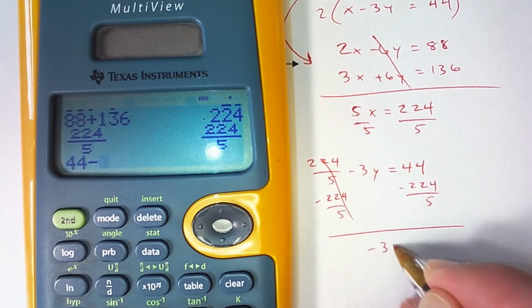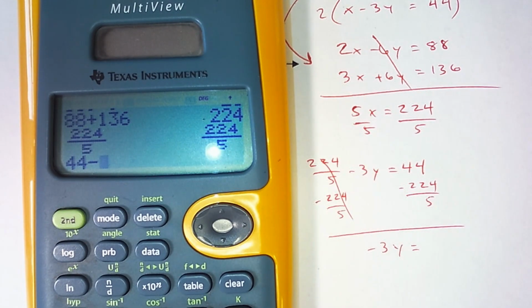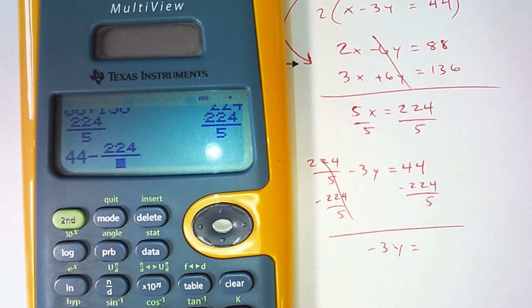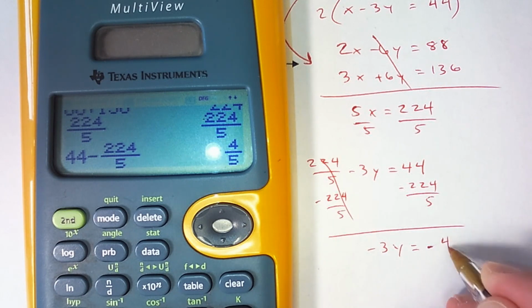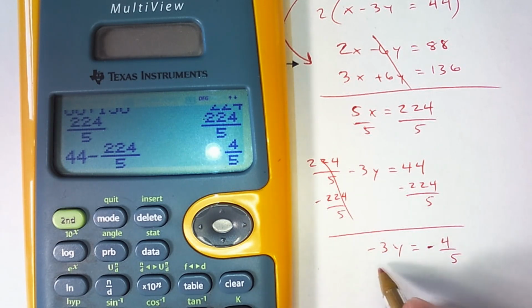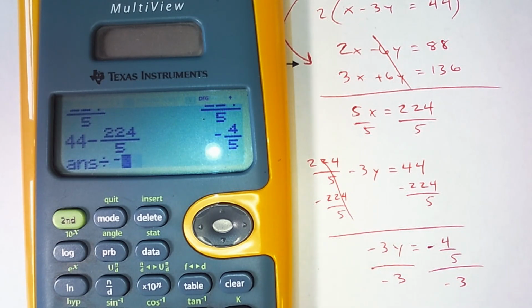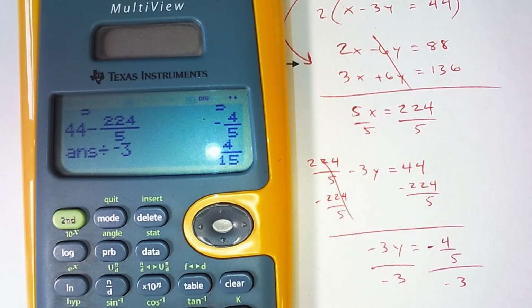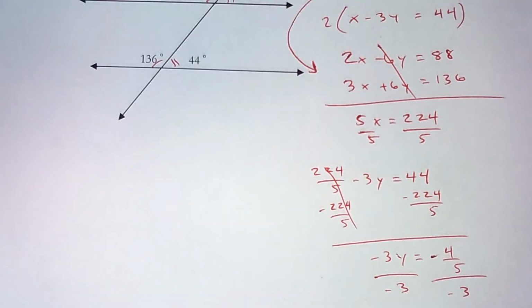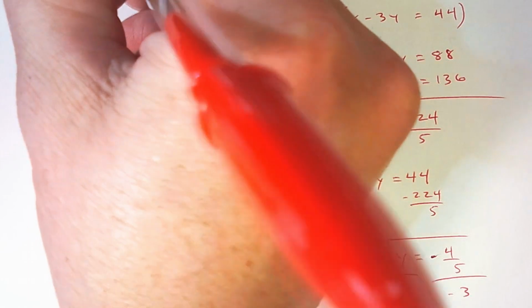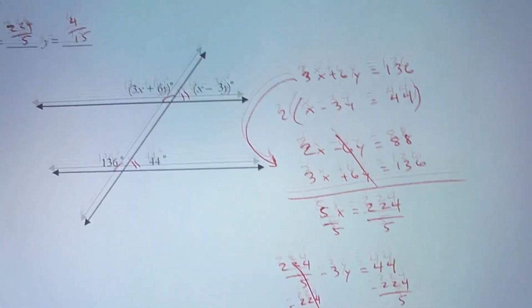So we get negative 3y equals 44 minus 224 over 5, and we get negative 4/5, and we need to divide that by negative 3, and we get positive 4/15 as our value of y.